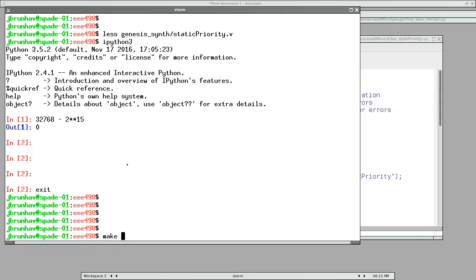Then we could make run module under name equals static priority.